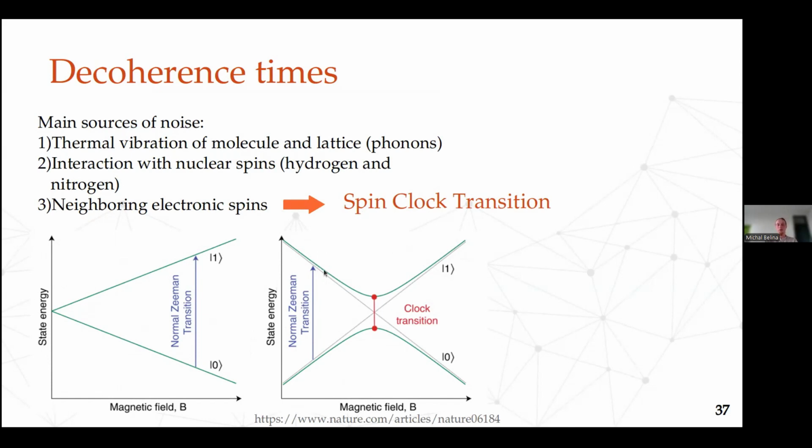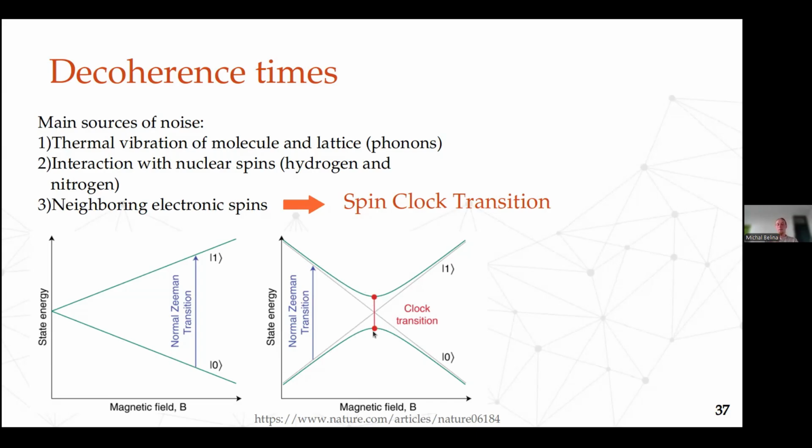But if you use well-designed ligands, so that at some intensity of the magnetic field there is some coupling between these two states, you create something like this, which can be described as an avoided crossing system.